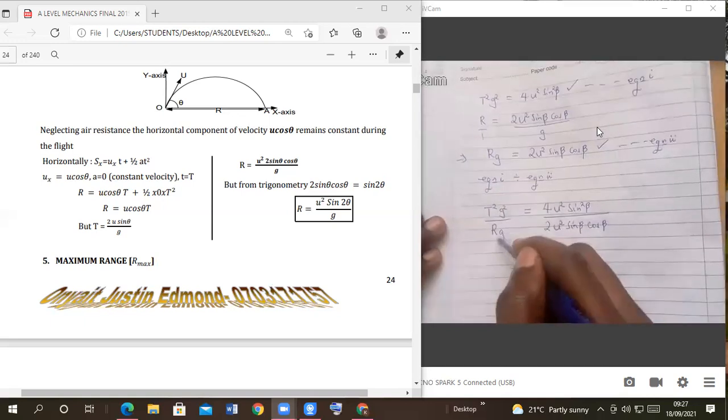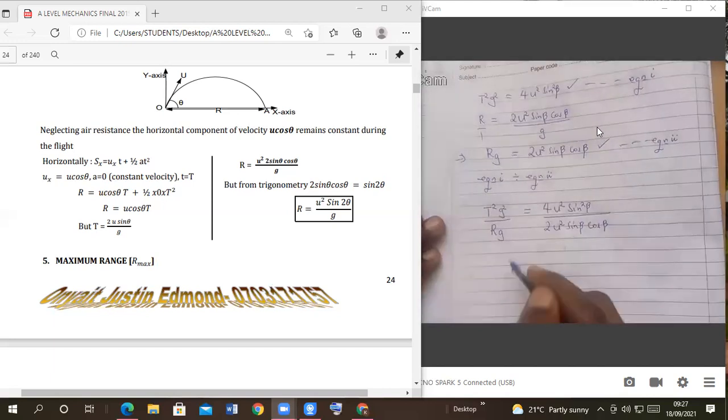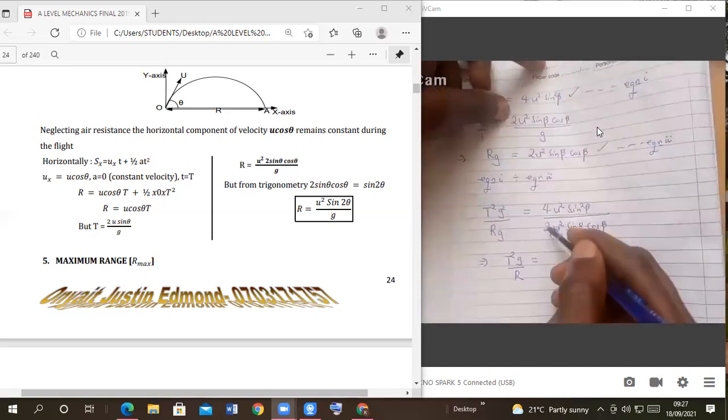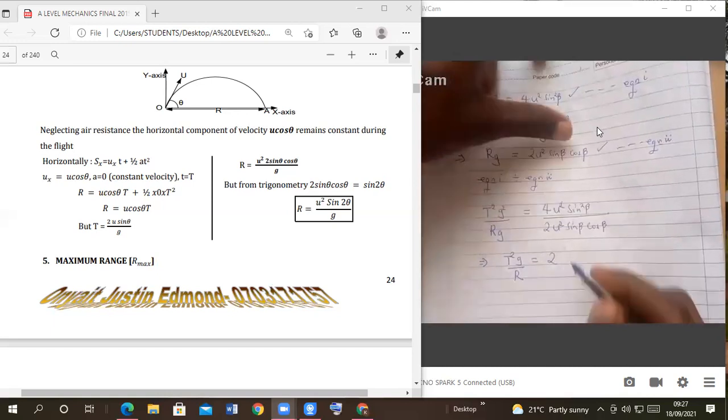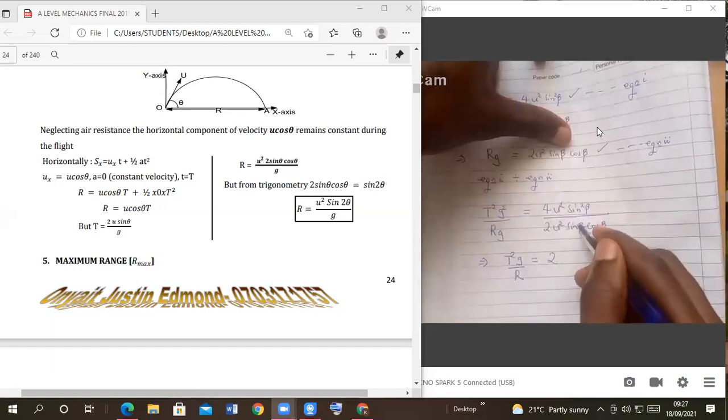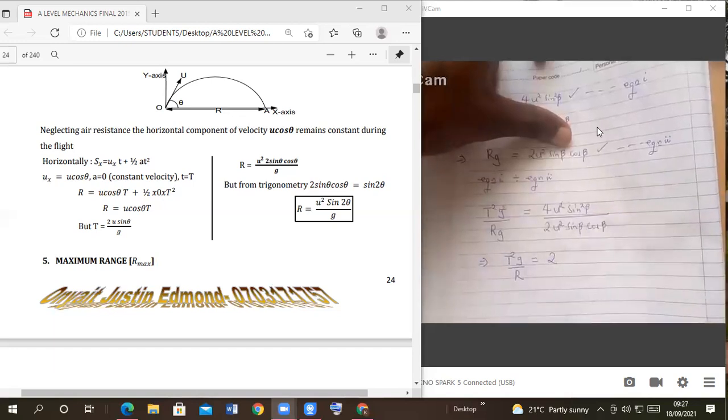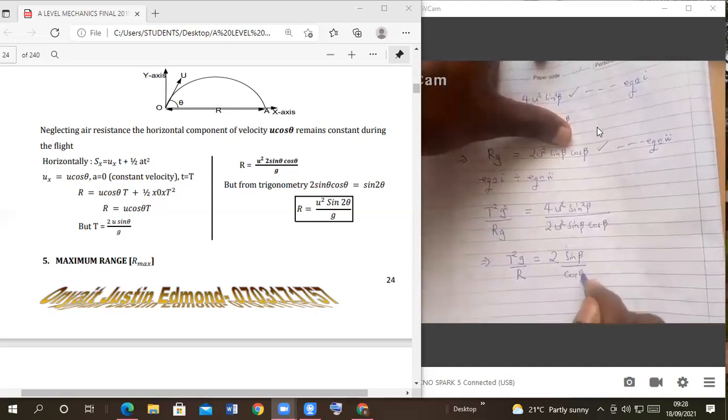You see that this g will reduce that one. Then we remain with t squared g over r, equals, this 2 will reduce that 4, so we remain with 2. This u squared will go with that u squared. This sine will reduce this sine squared, and we remain with 2 sine beta over cos beta.